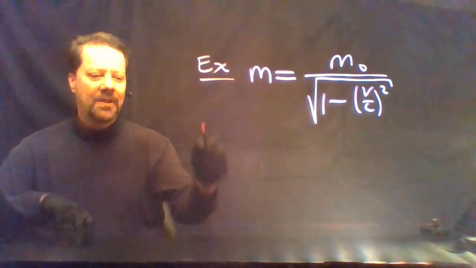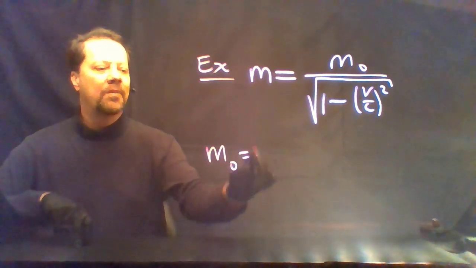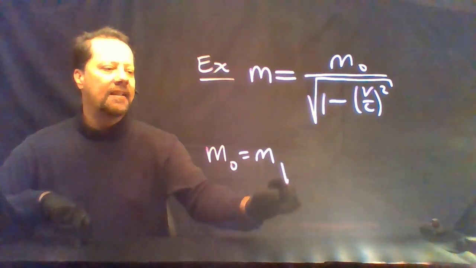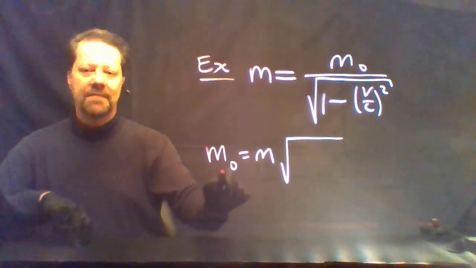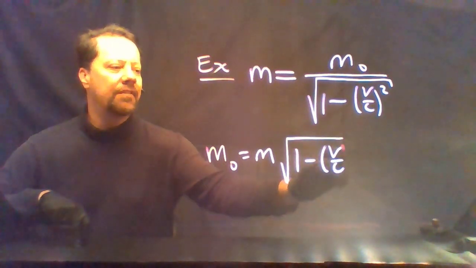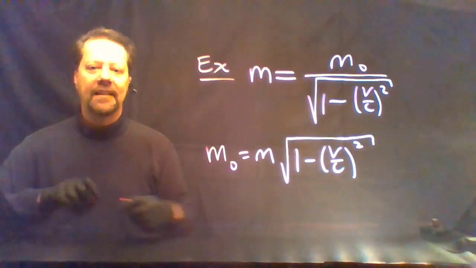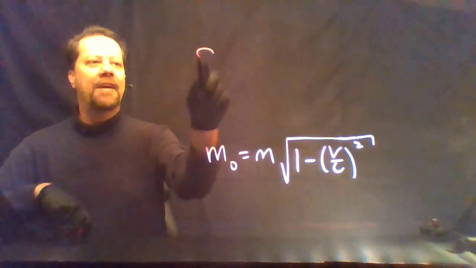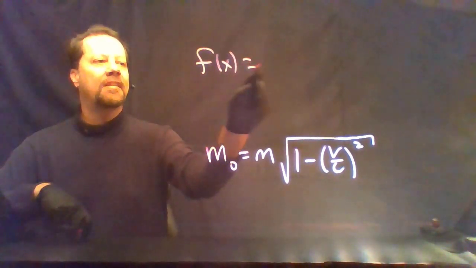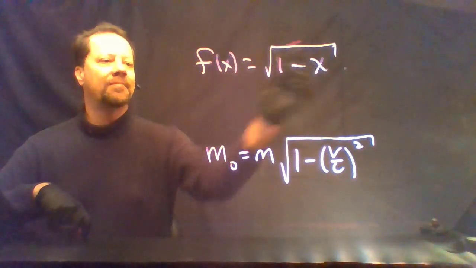Now, we're going to play with this a little bit in the following way. We're going to rewrite it as rest mass equals relativistic mass times the square root of 1 minus v over c squared. And then I'm going to define the function f of x is the square root of 1 minus x.